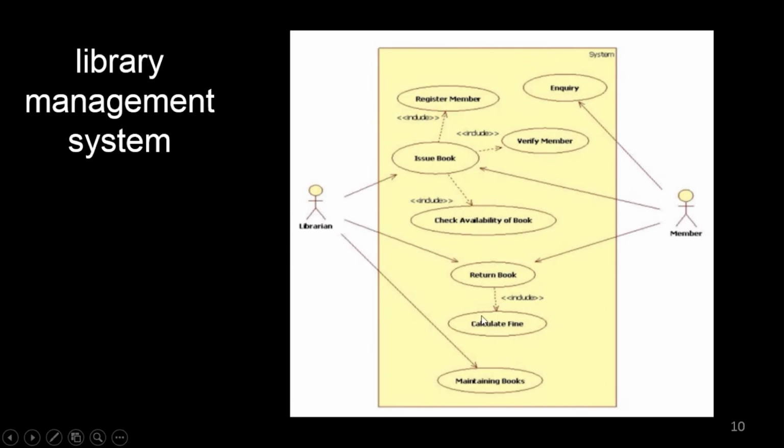He is also responsible for managing all the returns of books, calculate fine if you have returned the book after its due date, maintaining the books or records, or anything else. And the member is also going to make an inquiry about this particular system, returning a book, issuing a book, etc.